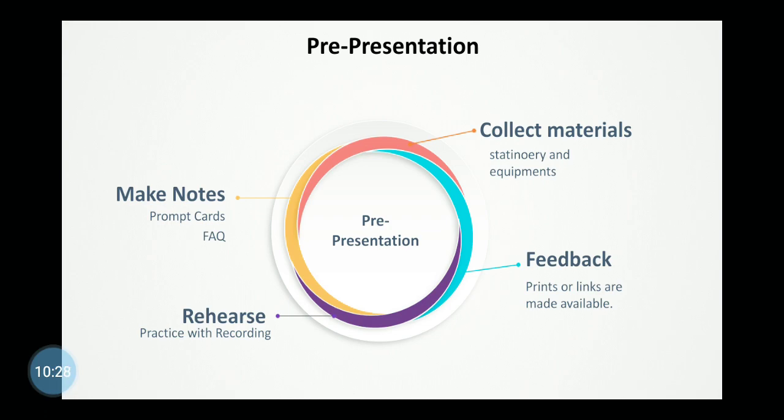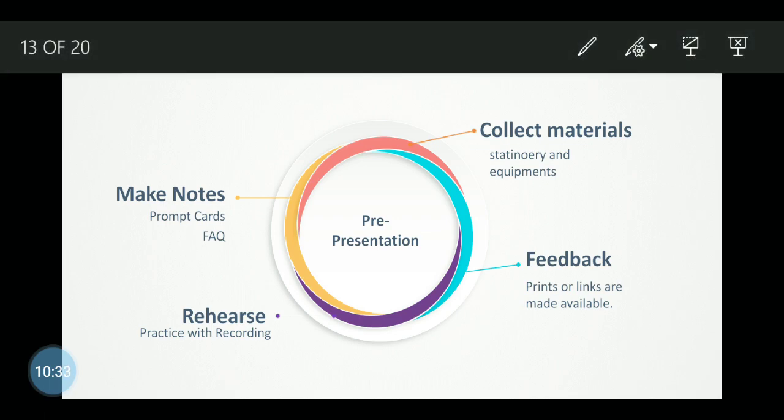Then comes collection of materials. Dear learners, before our presentation starts, we should collect required materials for our presentation like stationery items and equipment. For presentation, we require an LCD projector and laptop. Then we should also check the electricity.